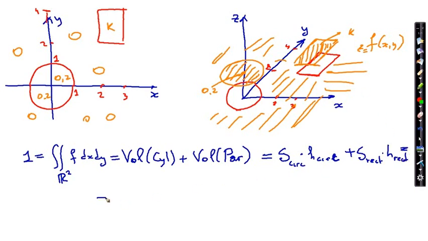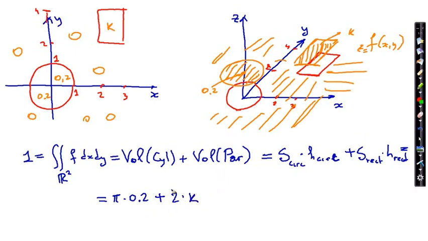The area of the circle, we have the unit circle, is pi times r squared, and r is 1, so pi, times the height 0.2, plus the rectangle area: this side is 1, this side is 4 minus 2, so 2, 1 times 2 is 2, times the height of that rectangle, k.